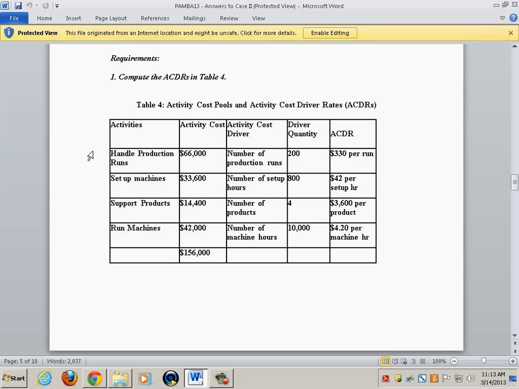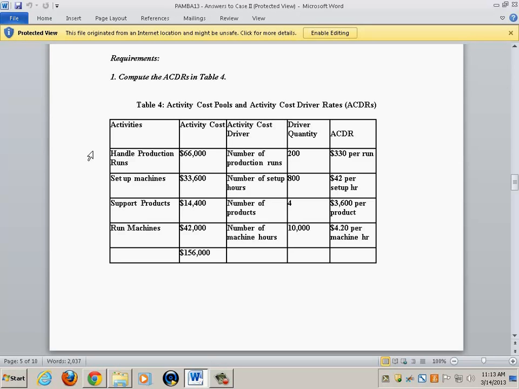Now, the activity cost drivers that were chosen for that machine, a number of machine hours for running machines.